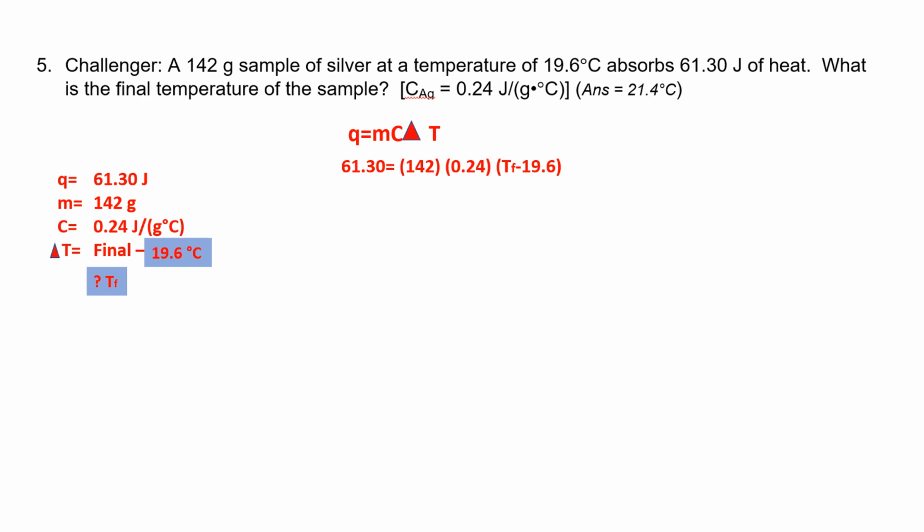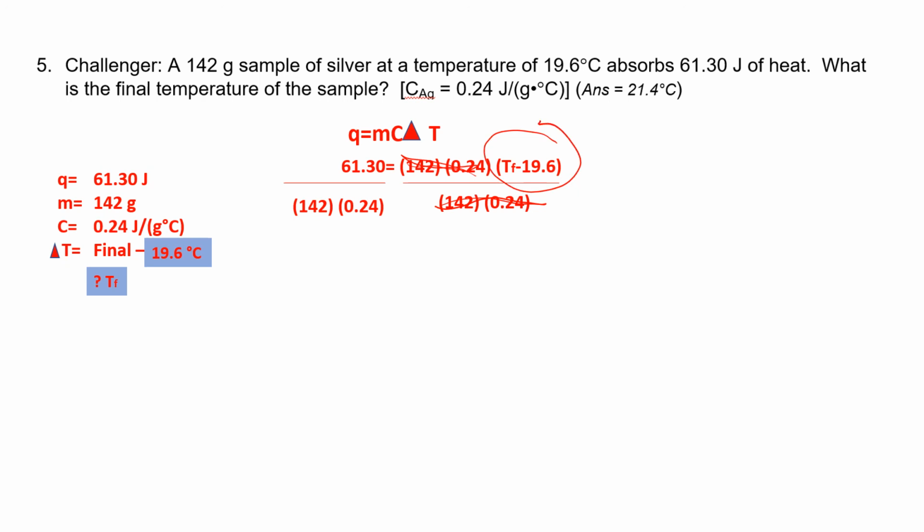So it kind of looks intimidating, but it is not difficult to solve. The first thing you want to do is try to get TF minus 19.6 by itself first. So we need to divide each side by 142 times 0.24. So when we do that, that actually cancels, and we are left with this.